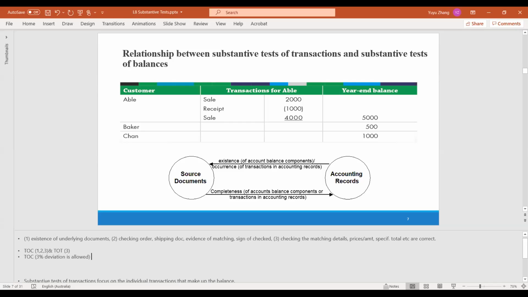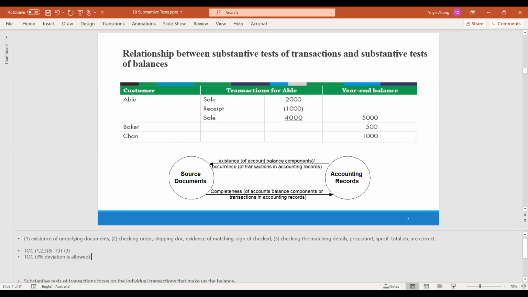That actually means, if the number of transactions which don't really meet this control requirement is lower than 3% of the sample size, then the control is still acceptable. So you wouldn't change your assessed control risk.